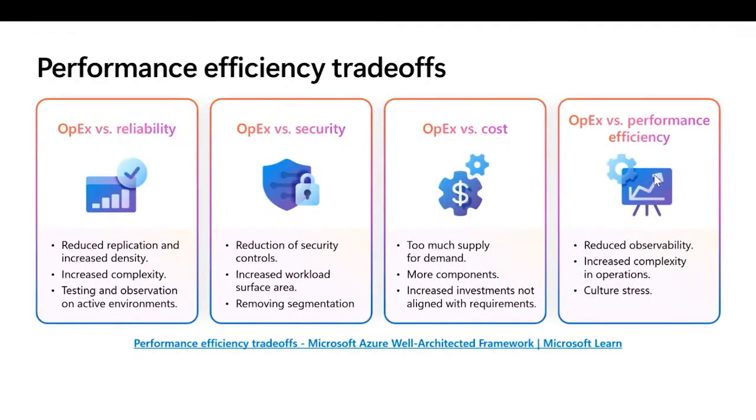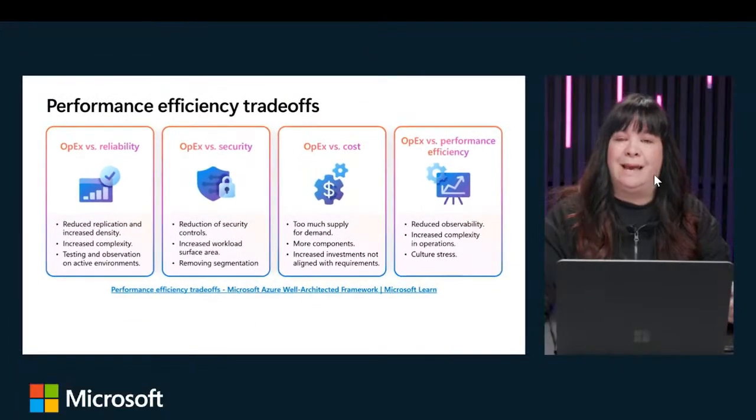The first one there, reliability: performance efficiency can increase complexity and risk of misconfiguration, while reliability favors simplicity and redundancy. And with security, it may bypass security measures and increase the workload surface area, introducing more attack vectors. When we look at performance versus cost optimization, it can lead to higher costs due to additional components and premium SKUs.